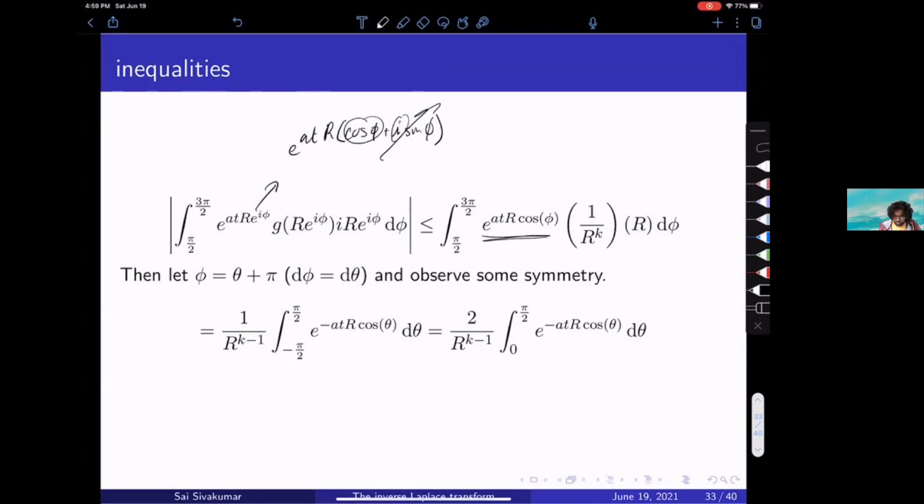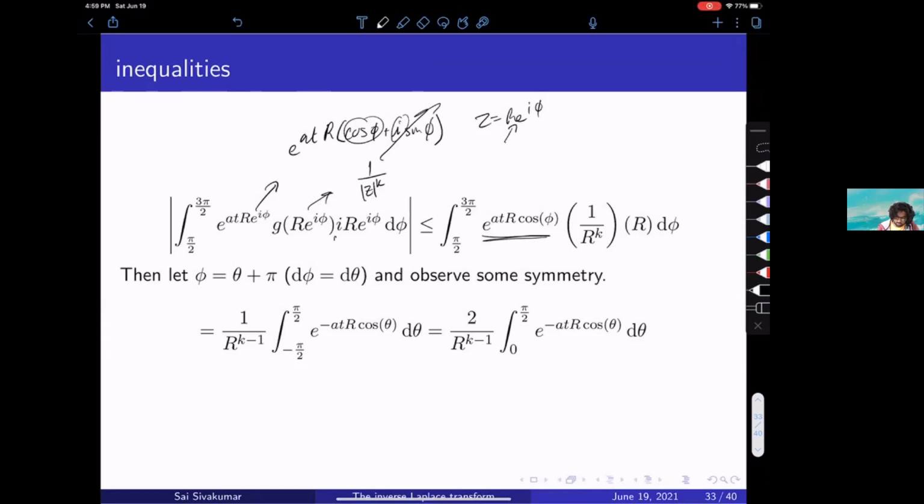And then from the order condition, this g will be around 1 over, what was it, absolute value z to the k, if we bounded it. But then z is equal to r e to the i phi. So then, the r is going to be the length. So then we just replace the absolute z with the r.